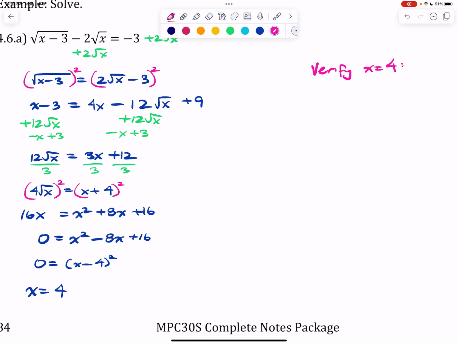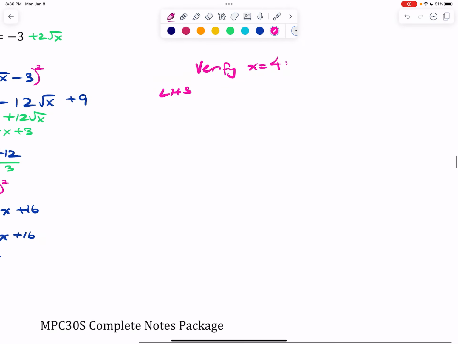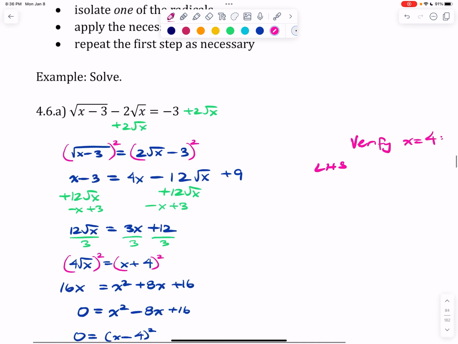And remember, for this, we keep things separated into a left side and a right side. And for this, you can use any form of the equation before the squaring happens. So you could use this version that we originally have. The left side is the root of x minus 3 minus 2 root x, and the right side is negative 3.